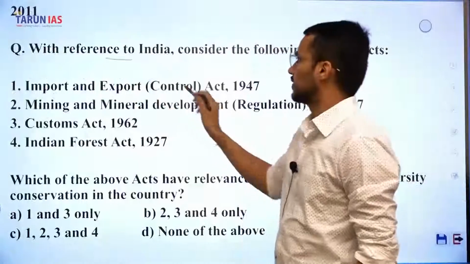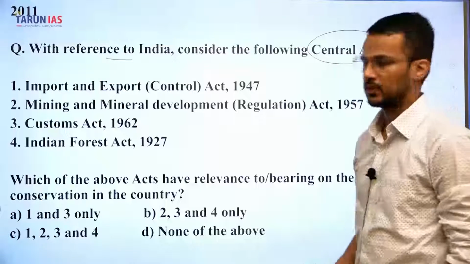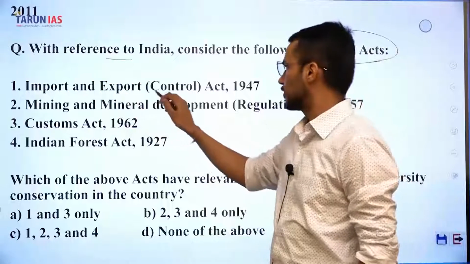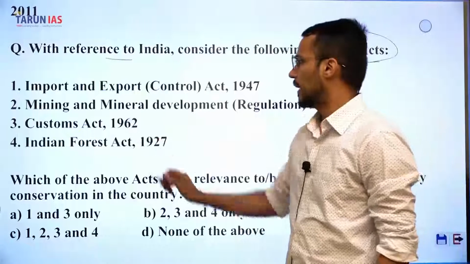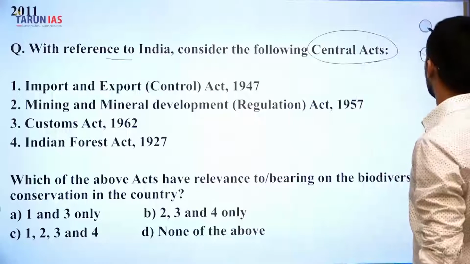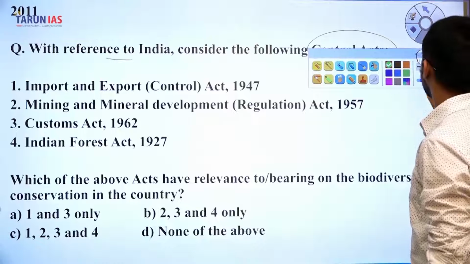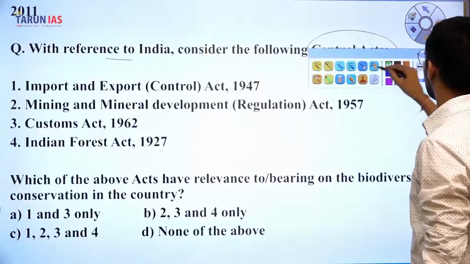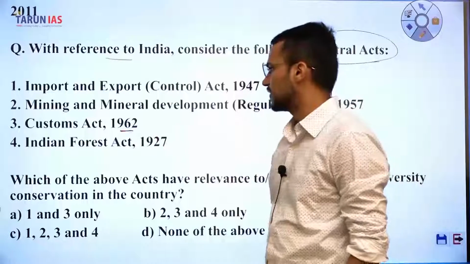Question is, with reference to India, consider the following central acts. First is Import and Export Control Act 1947. Second, Mining and Mineral Development Regulation Act 1957. Third is Customs Act 1962.